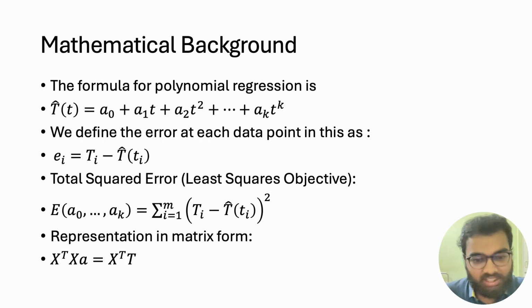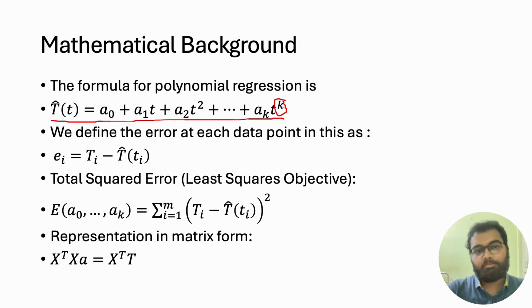So just a little brush up of all the mathematics that is going to be involved. Firstly we'll see that this is the formula for polynomial regression, which has k degrees, and we'll define error on each data point, which we will say as our loss function.